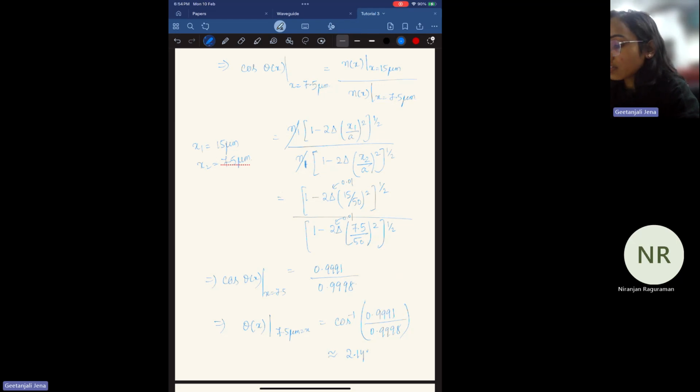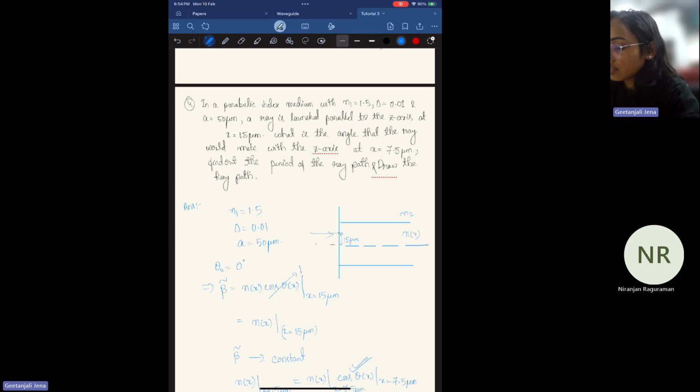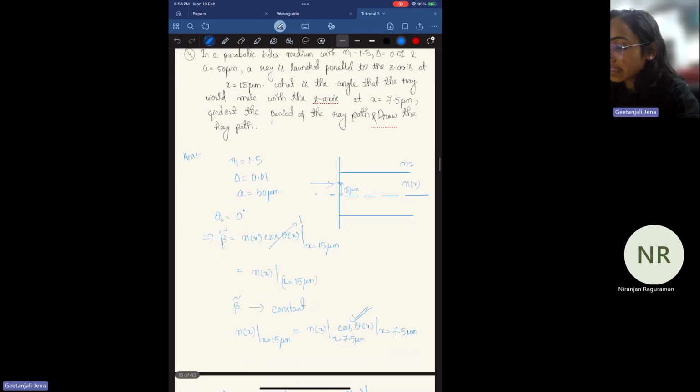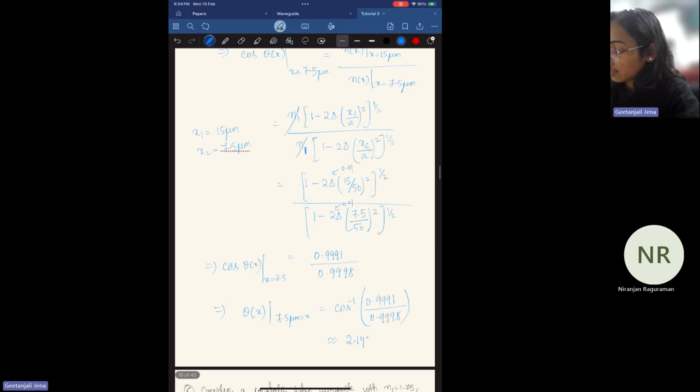Because in this question it is already given that it is a guided ray, this angle will be guided inside the fiber.